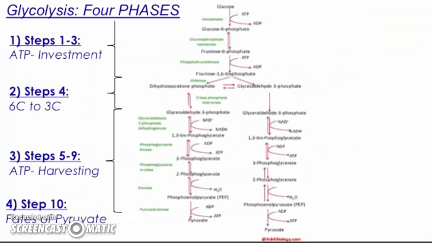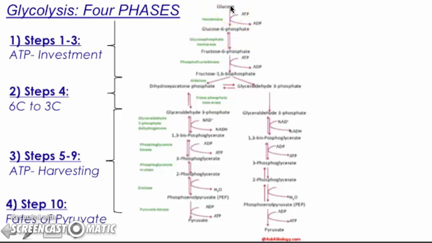For gluconeogenesis to occur, each of the irreversible reactions will need to be bypassed. Therefore, we'll need to bypass pyruvate kinase, PFK, and glucokinase.